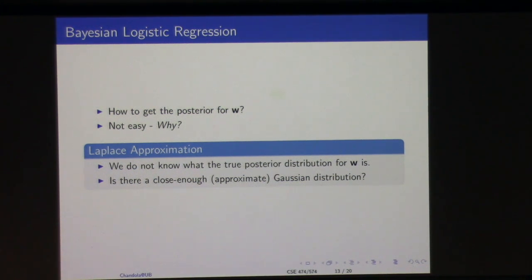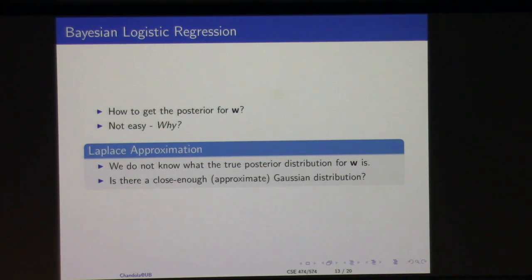If I want to do that, the problem is that this whole business is not as straightforward as what we did with linear regression. In linear regression, we looked at Bayesian linear regression, where we put a Gaussian prior on W and then computed the posterior of W. We were actually able to compute the exact posterior.